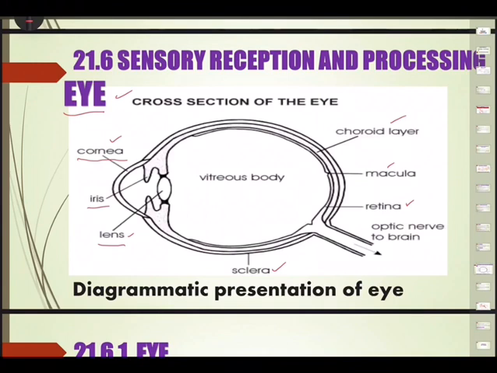That is possible through the optic nerve, which is connected from the eye to the brain. Basically the organs of sight are a pair of eyes situated in deep protective bony cavities called orbits, or eye sockets, of the skull.